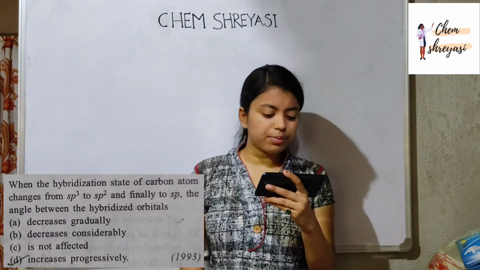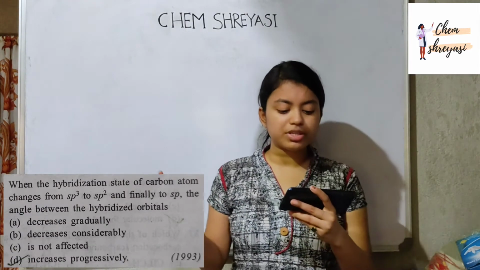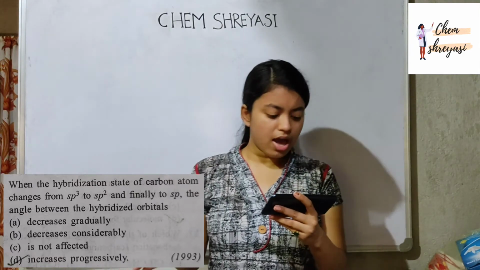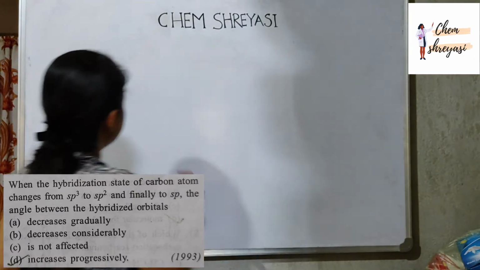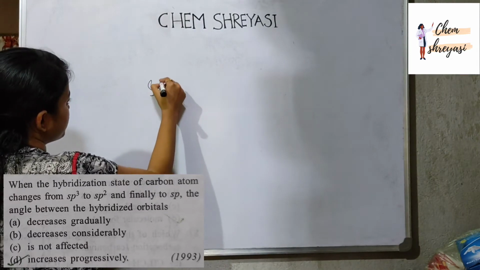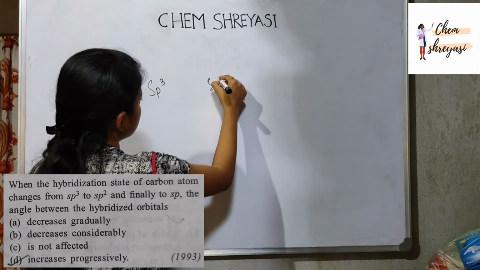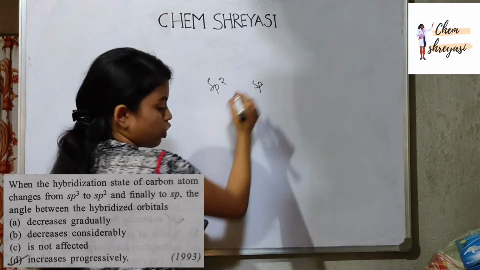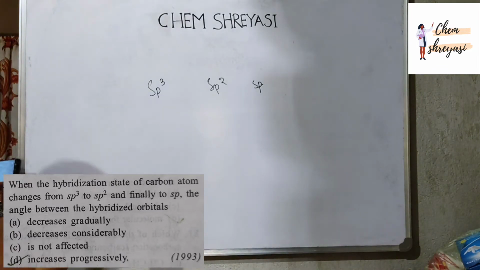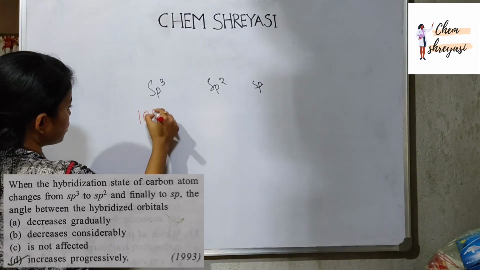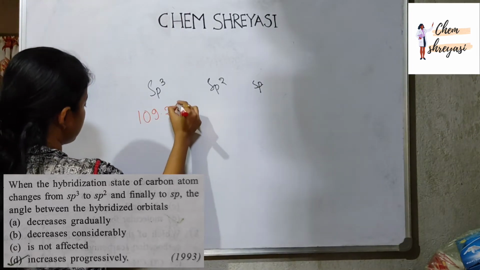So, our next question is, when the hybridization state of a carbon atom changes from sp3 to sp2 to finally sp, the angle between the hybridized orbitals. So let's write sp3, sp2 and sp. In the case of sp3, the angle between the orbitals is always 109°28'.